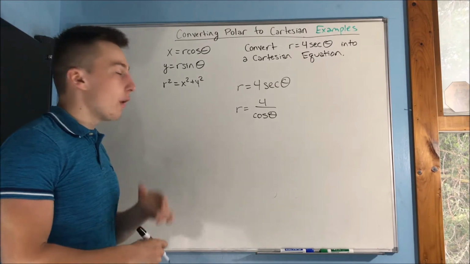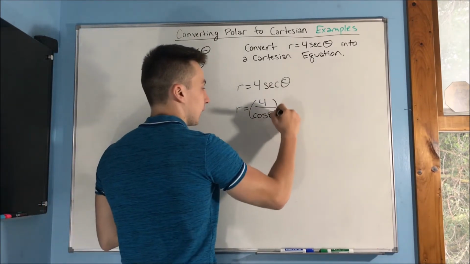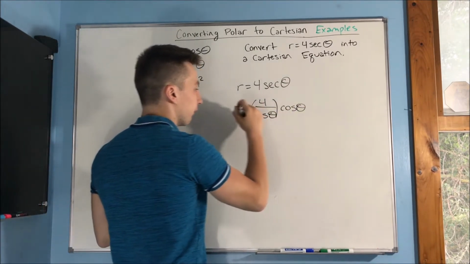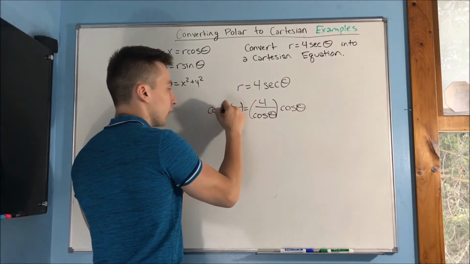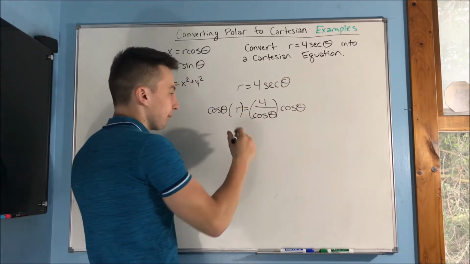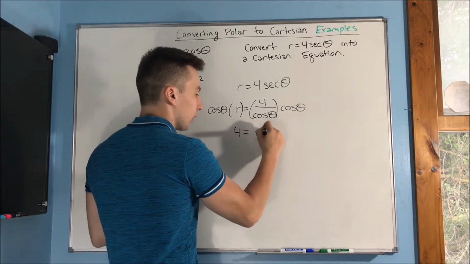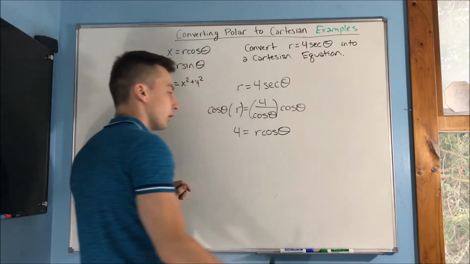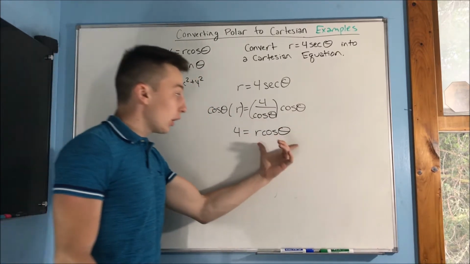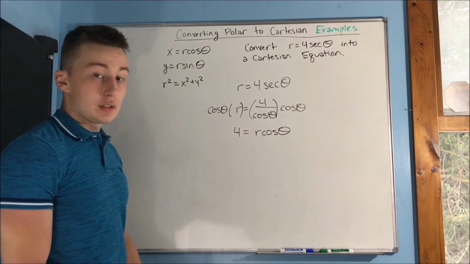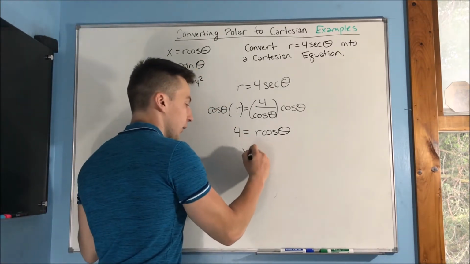Okay? Now, if we multiply by cosine theta on both sides, we end up getting that 4 equals r cosine theta. Okay? And we know r cosine theta, that's just x. So we get that x equals 4.